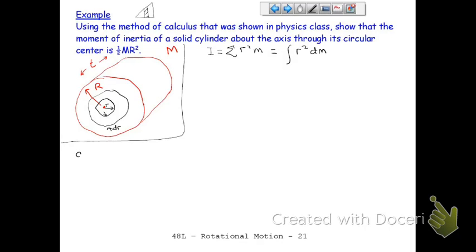So I'm going to say, well, dm is equal to something. In physics, dm is the little bit of mass of this. So this has a mass dm, and this is the mass of the whole thing. So I'm doing the little bit of mass of the slice.